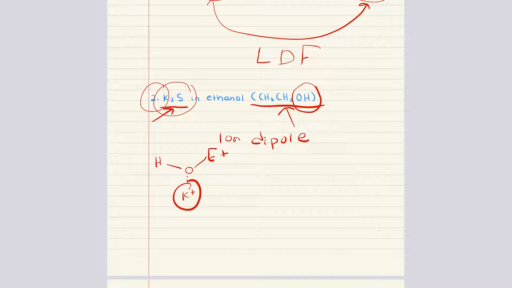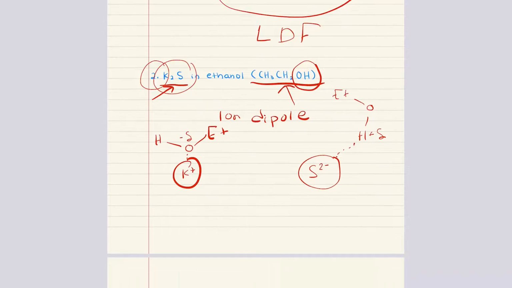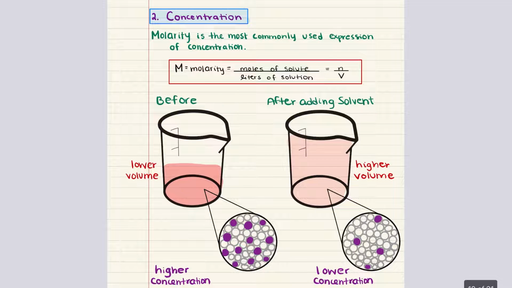And then our sulfide anion is going to interact with the positive ends of our ethanol molecule. So it's going to look something like this. There's a partial positive charge associated with the hydrogen in ethanol and a partial negative charge associated with the oxygen atom in ethanol. So there you have it. We solved this problem.